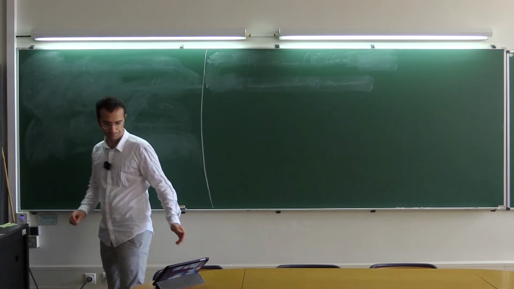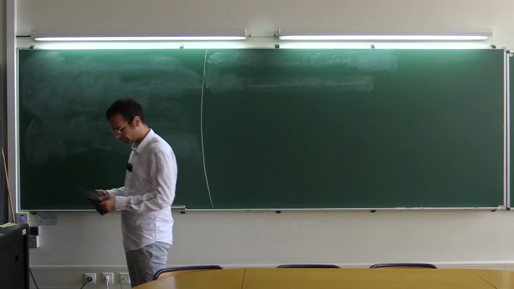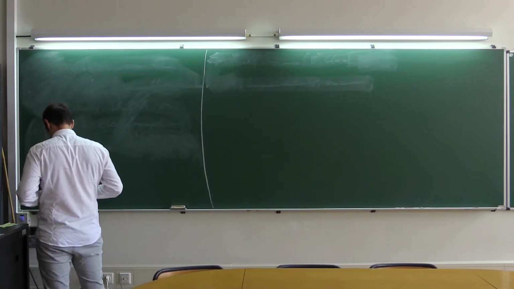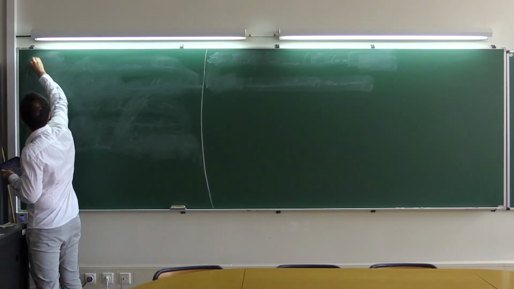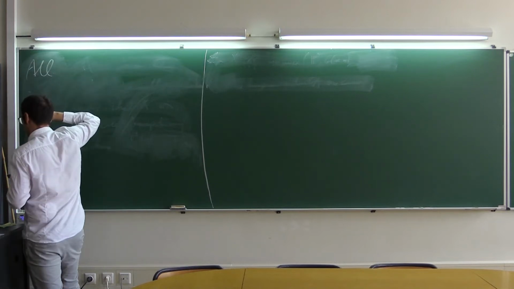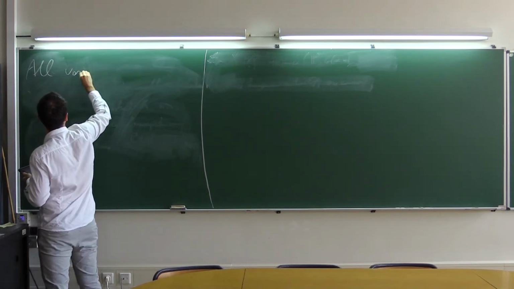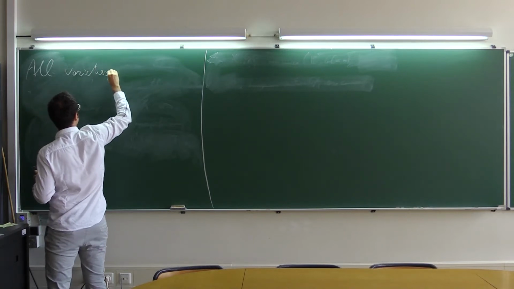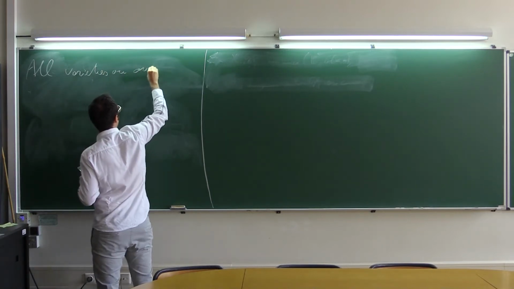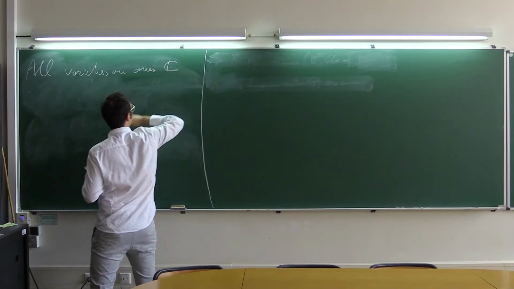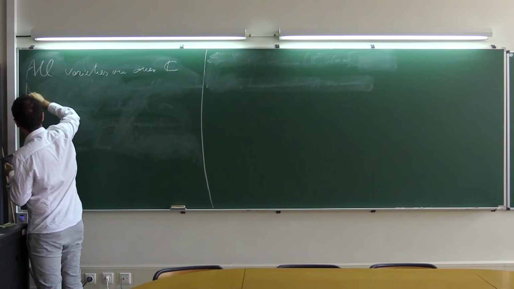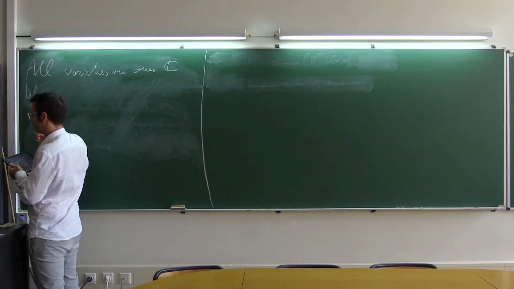I want to recall that all varieties are over C. Let's start with the definition of convex variety.